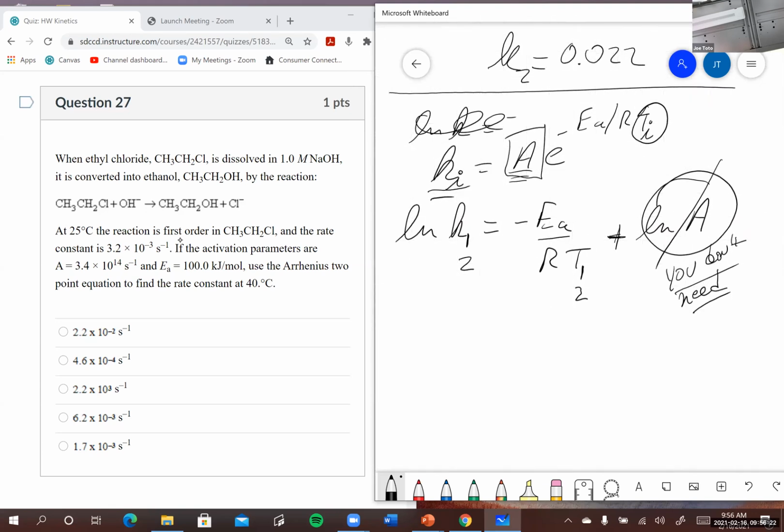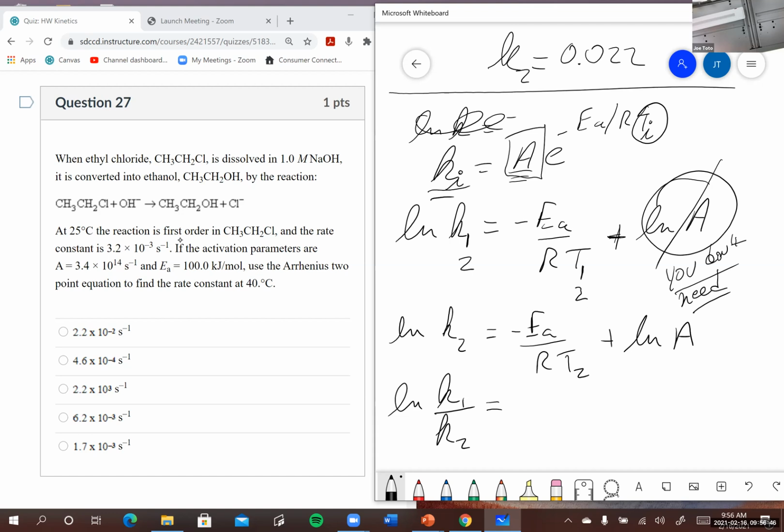So when I write out the equation in this form here, then I can write out another equation for any other temperature. And so when I subtract one from the other, that's where I get the ratio of K1 over K2, because I use that law of logs.